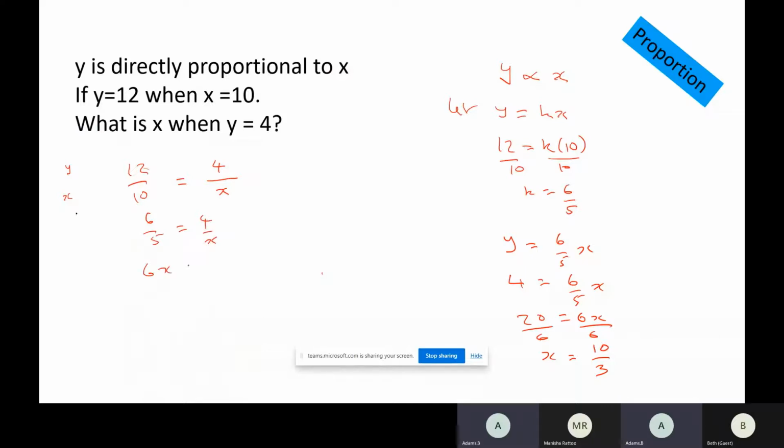So 6x is equal to 4 times 5, divide by 6, divide by 6. x is equal to, cancel, cancel, 10 over 3. And I think it's quite convincing that it's quite a bit less work, and it works very nicely all the time. Students really do, when they learn the method, just find it's absolutely fine.